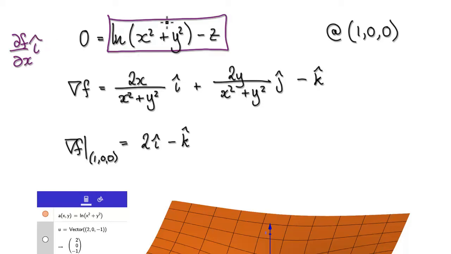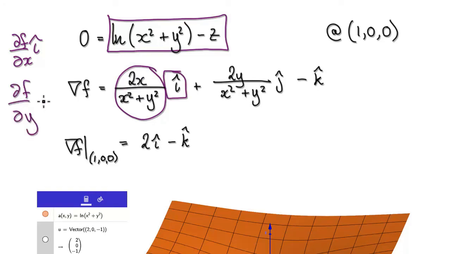When you differentiate this with respect to x, that will then give you this. So that's your i component, and for the j, grad f with respect to y, which would then be this thing here, j hat, and then with respect to z, which would be -1, so that's just -1k.